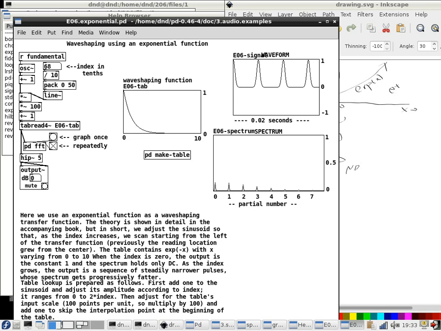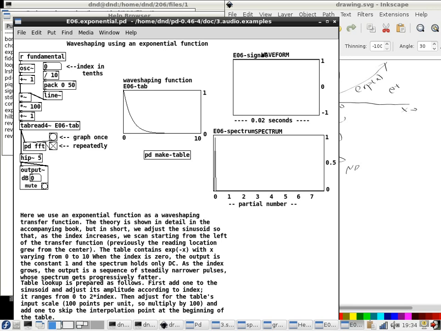And the spectrum of rectangular pulses is much more complicated, but there are occasionally partials that drop out. So, for instance, if you have a pulse that's 1/3 of a cycle, there's no third harmonic in that pulse. And things like that happen. And here, if you look at the spectrum, there's none of that sort of going in and out of partials. The spectrum simply widens or fattens as the index goes up.